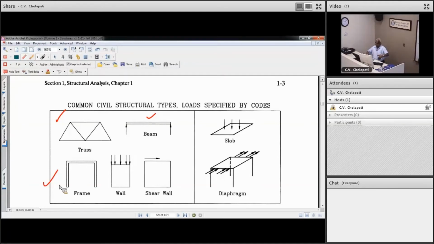This room you are sitting in is a slab. But slabs you don't even discuss in undergraduate studies, because they involve very complicated equations. Once you go from simple structures to this, we just don't have the analysis capability.